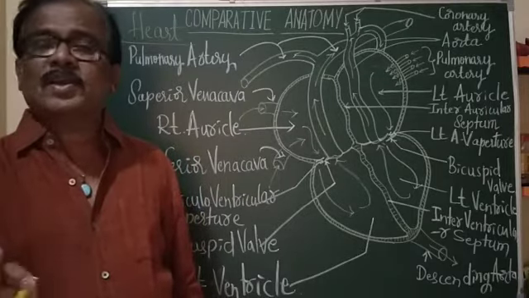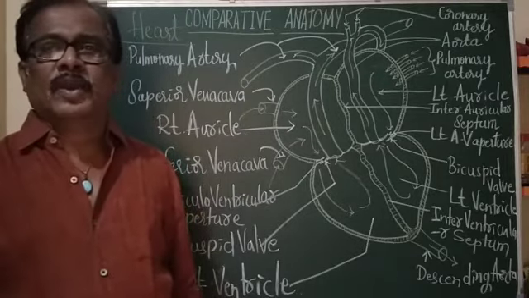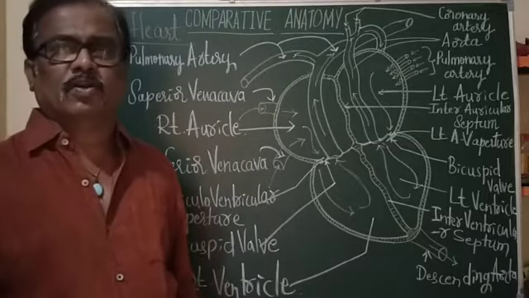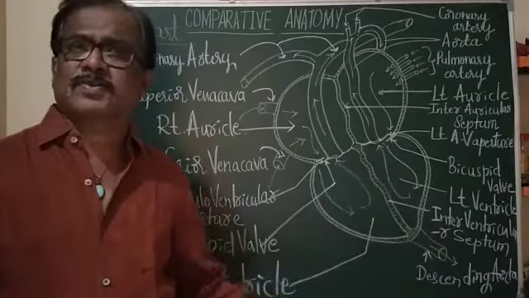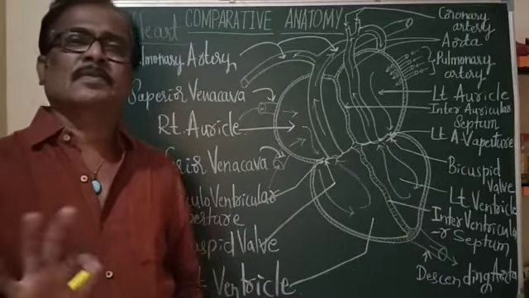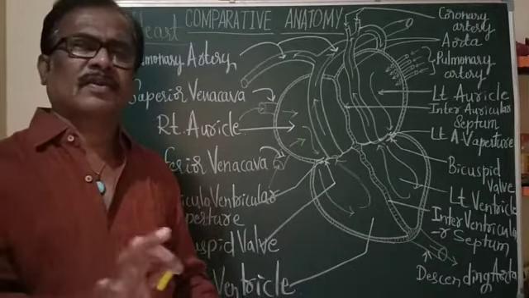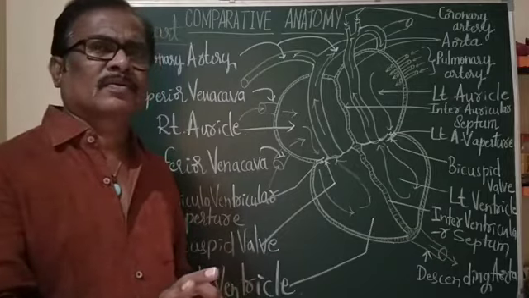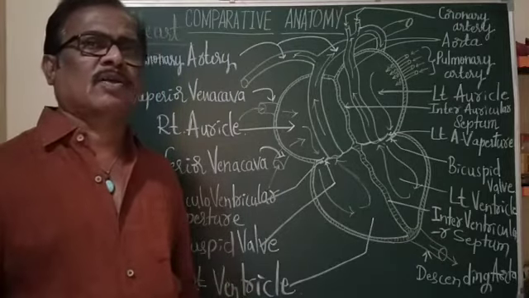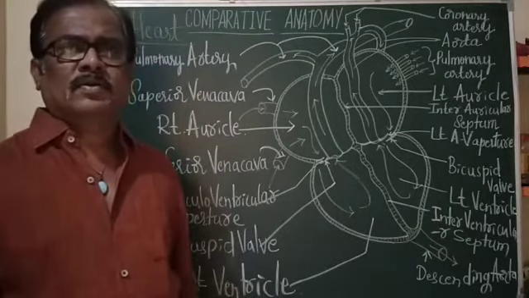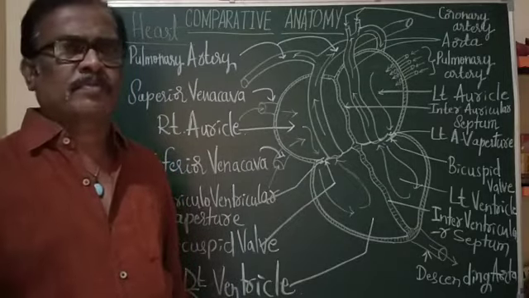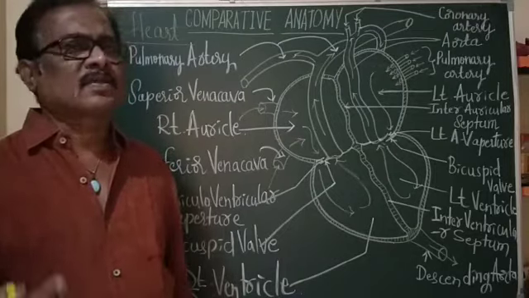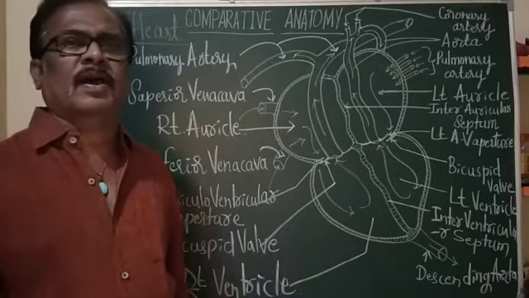So to get a better idea of comparative anatomy, let us see the structure of the human heart first, taking it as a model. There are different structures in the hearts of the vertebrates. Simply, in Pisces, 2-chambered heart. In amphibia, 3-chambered heart.